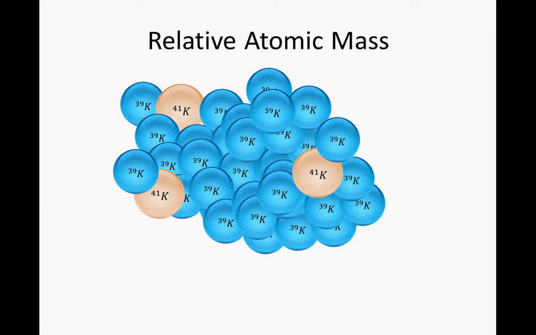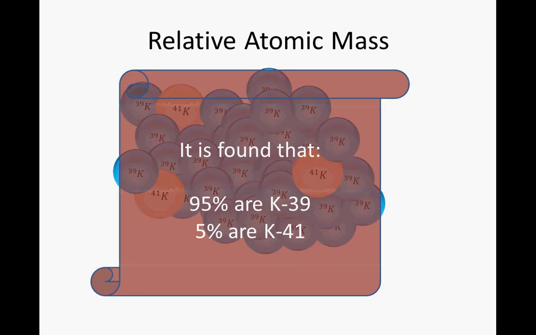Inside some potassium metal, we can obtain some potassium 41 and some potassium 39, in this ratio. Only very few of them are potassium 41, say maybe 5%. 95% are potassium 39. So how can we define the relative atomic mass?